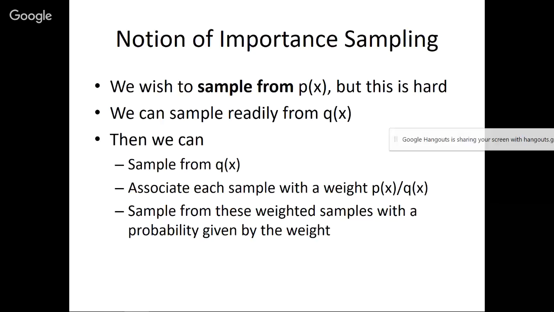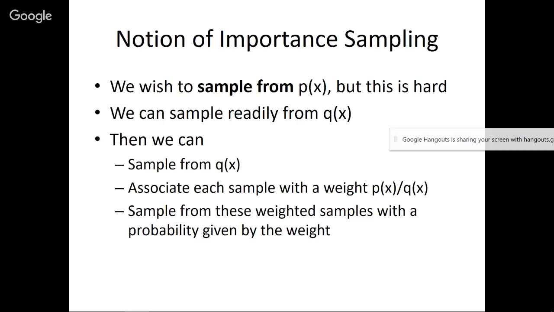With importance sampling, whether it's here or in many other areas, we have a distribution we can't sample from easily. We can't sample from directly. Instead, we take a distribution we can sample from, call it Q of X. In this case, it's going to be a distribution associated with just the evolution of the model stochastically.